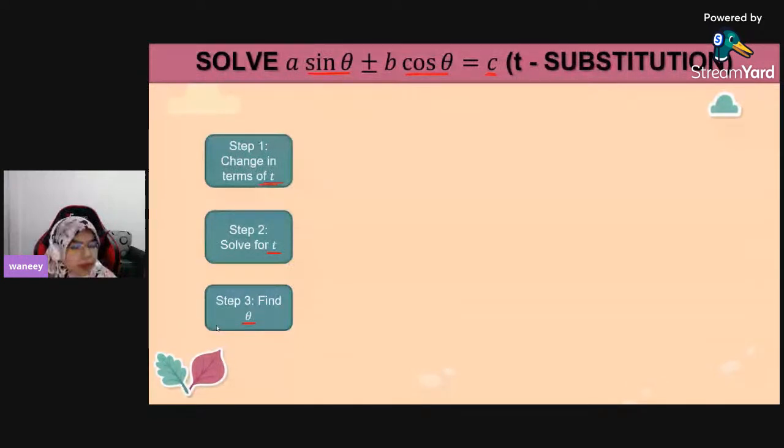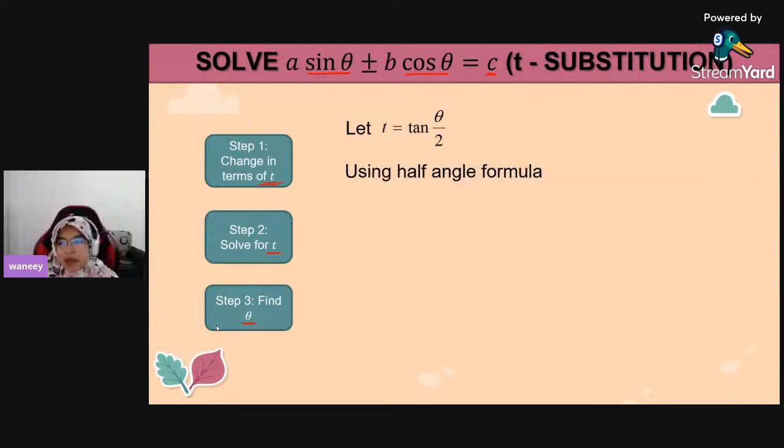Okay, so how are we going to change them in terms of T? So this is a T substitution. So we are going to let the T equal to tangent theta over 2. And then by using the half angle formula, tangent theta is actually equal to 2 tangent theta over 2 over 1 minus tangent square theta over 2.